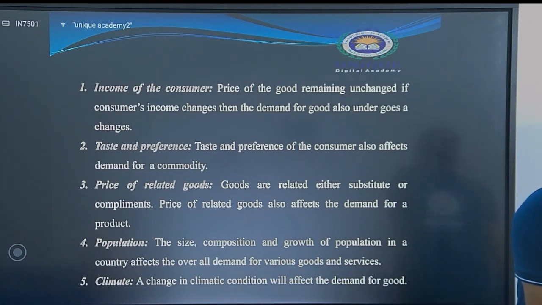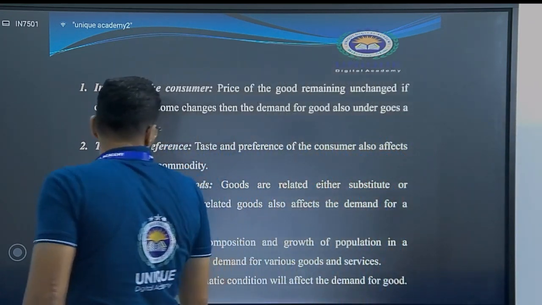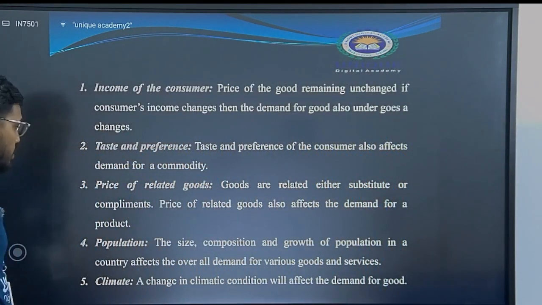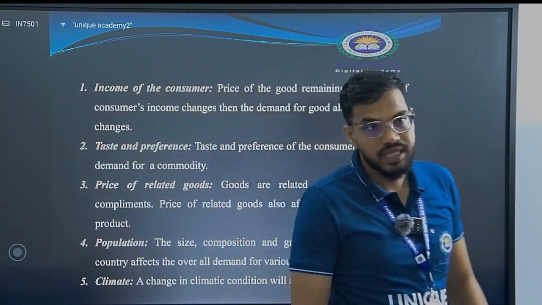If the number of old age persons increases, then the demand for medicines also increases. So the size, composition and growth of a population in a country affects the overall demand for various goods and services.